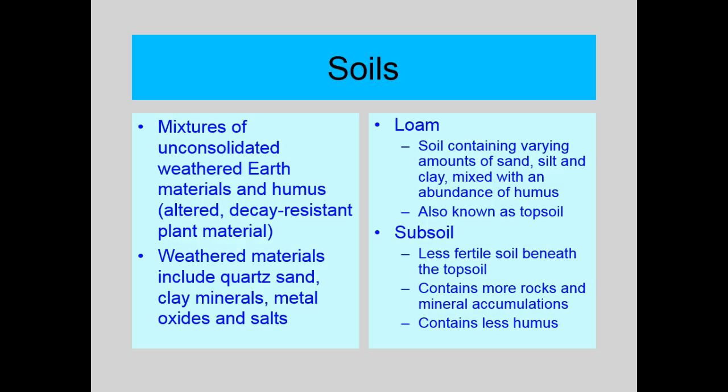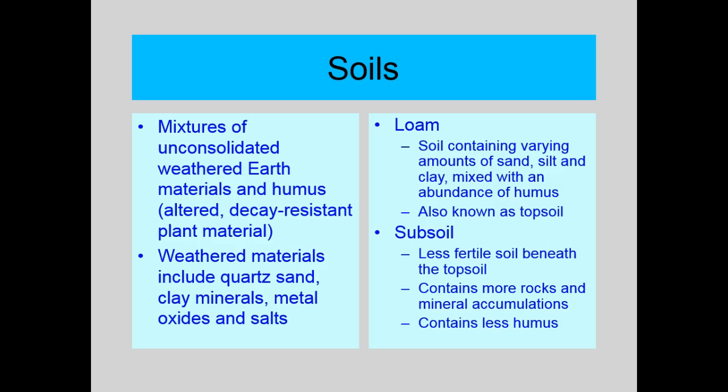And another type of material that is not earth materials is organic material, humus. What humus is: altered, somewhat decay resistant, usually plant material. Now, I threw a lot of weasel words in there. I said somewhat decay resistant, okay? Certainly humus disappears, okay?